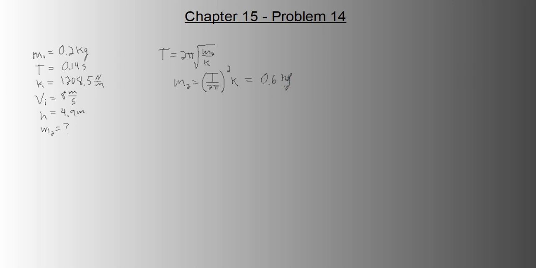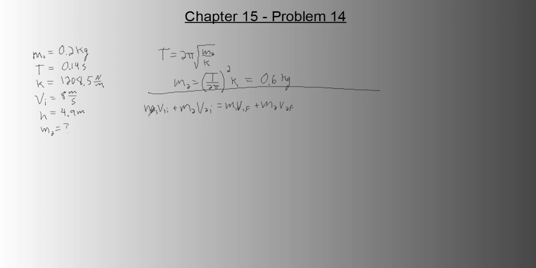So that's all chapter 15 stuff. That's all of the chapter 15 stuff that's in this problem. The rest is review. So this is an elastic collision, so we have conservation of momentum and kinetic energy. So let's do momentum first. M1 V1 initial plus M2 V2 initial equals M1 V1 final plus M2 V2 final.